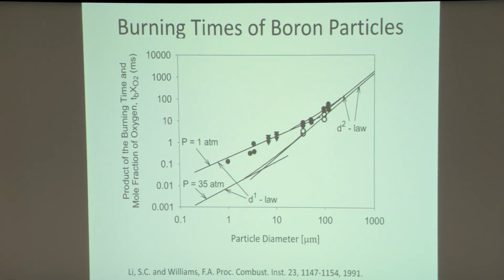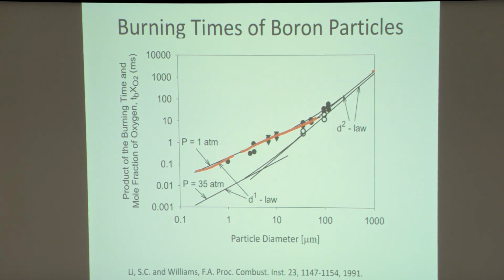Okay, so here are some results then of burning times. The burning times are plotted times the concentration of oxidizer in the ambient around the particle versus particle diameter. And what you can see is as I decrease the particle size, drawn on here is what the burning rate should have looked like for time in terms of a d squared law and a d to the 1 law.